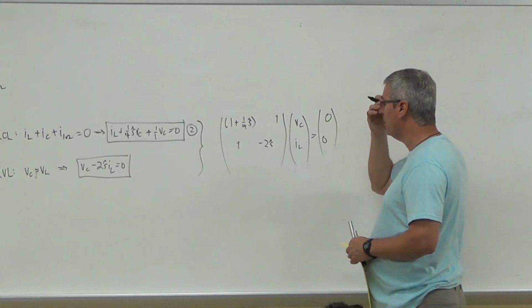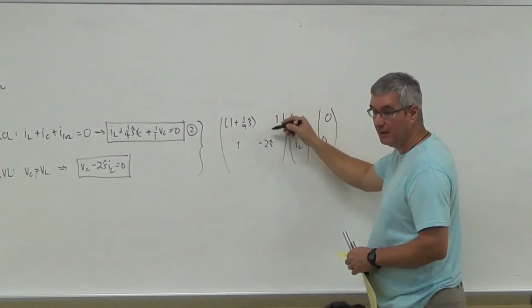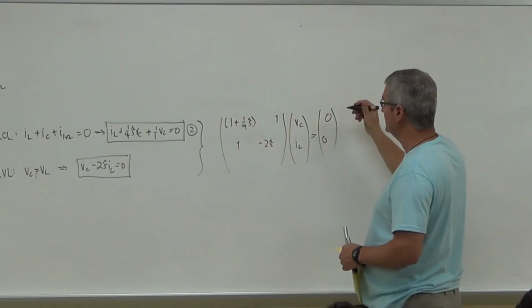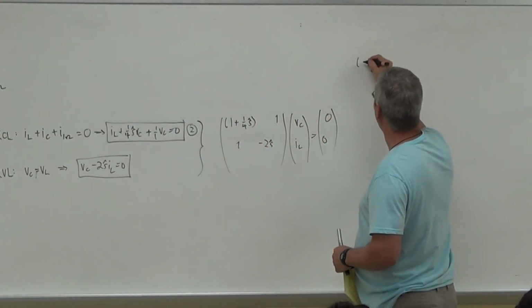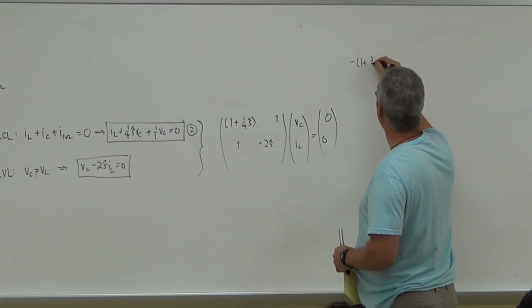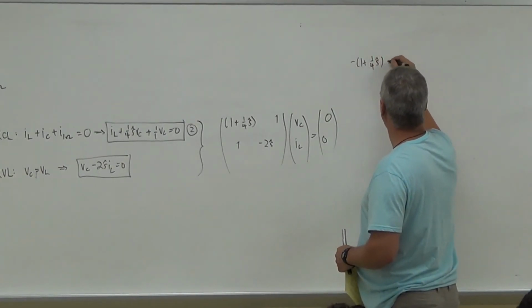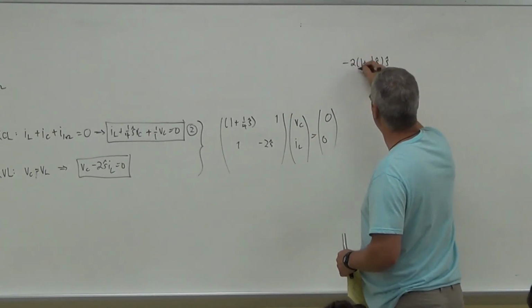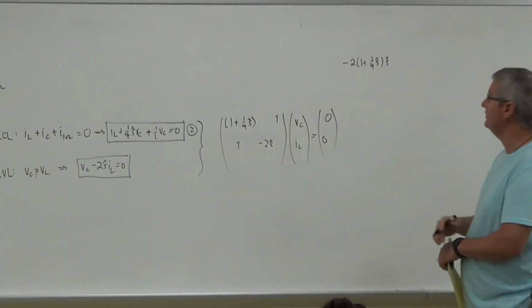So here we go. Now I'm going to cross multiply, right? Positive, negative. So this guy gives me a negative, so I'm going to get minus 1 plus a quarter s hat. There's a 2 here, so I'm going to put minus 2. That minus 2, I'll put it in front.